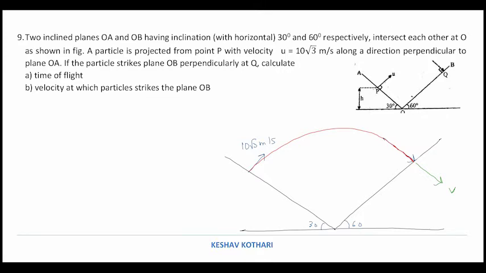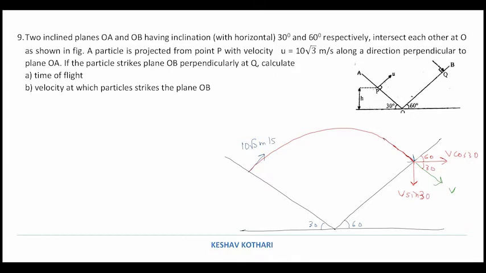Now we start breaking the components along these two directions. If this is 60 degree, I can mark it in this way. So this becomes v cos 30 degree and this becomes v sin 30 degree.